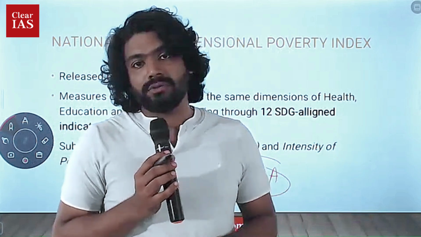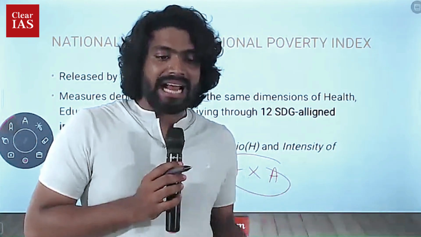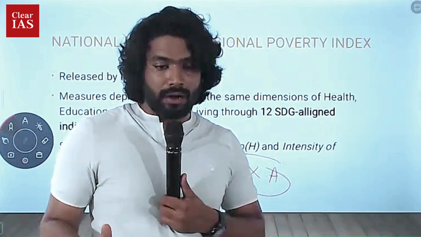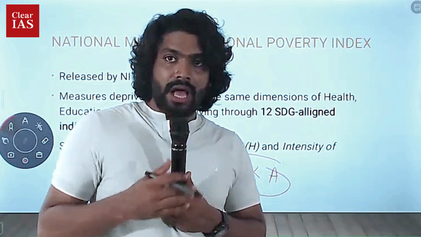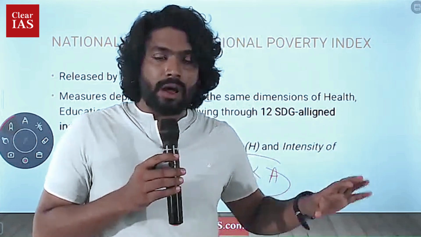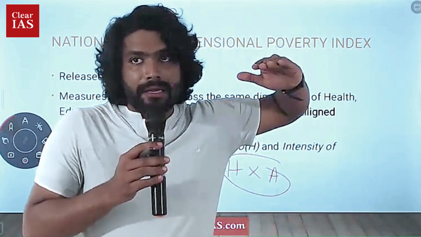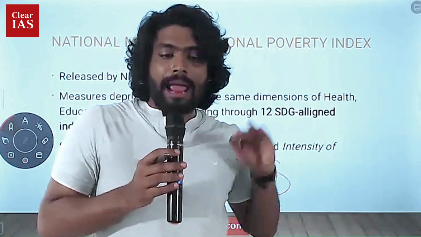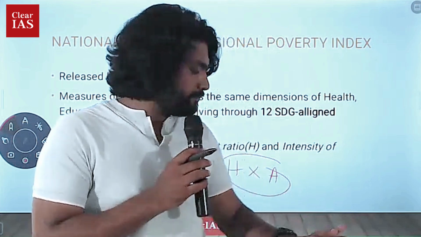This is the National Multidimensional Poverty Index. Both H and A are multiplied to get the MDPI, the overall index. Okay, hope this is clear.